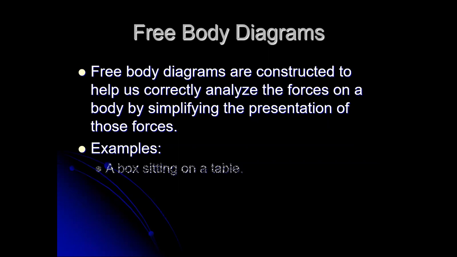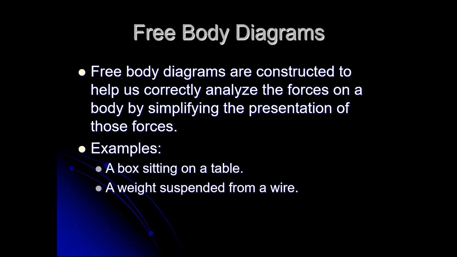So let's see. We've done a couple examples of free body diagrams. One of the classic ones that we'll be spending a good bit of time with, and one that we'll work on tonight as an example, is a weight suspended from a wire. So the weight suspended from a wire looks something like this.